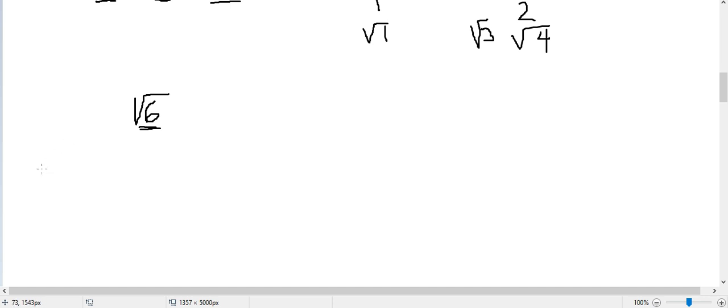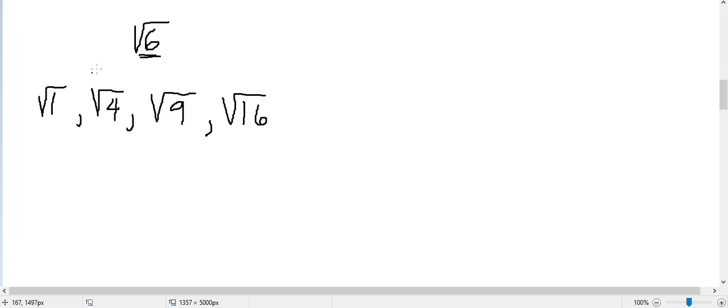So we list first all the perfect squares, starting with 1, square root of 4, another is square root of 9. So square root of 6 lies between square root of 4 and square root of 9.